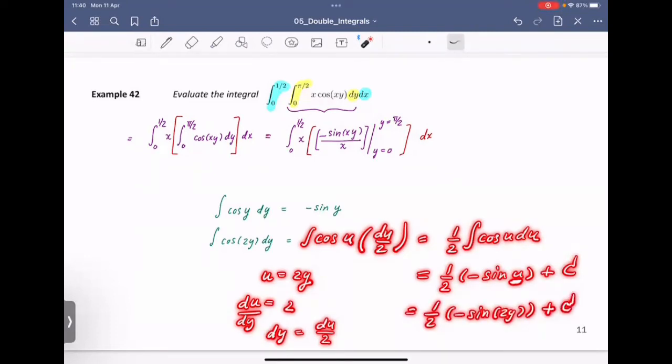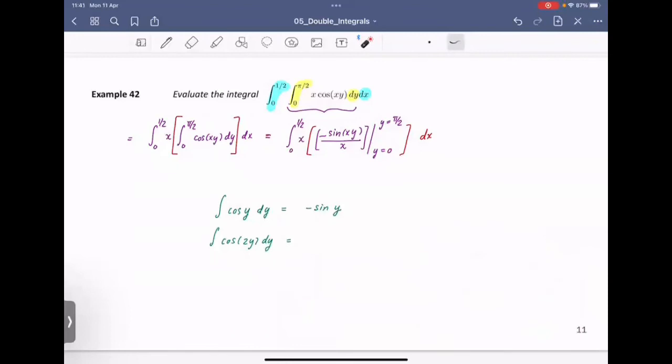The technique you use here in Cal 1 is a basic substitution. Which means if you integrate cosine 2y, you get negative sine 2y over 2, right? The number 2 comes from the substitution.